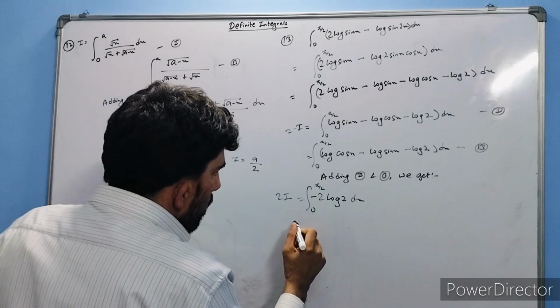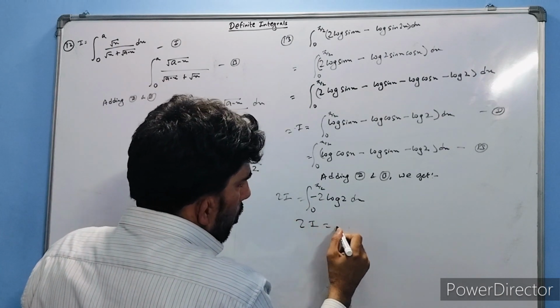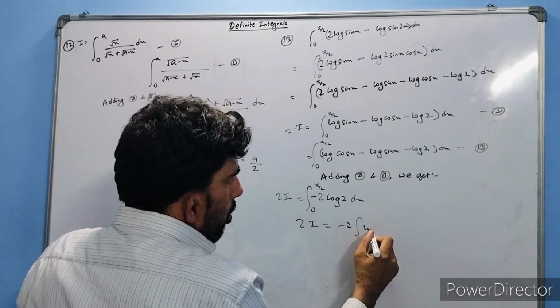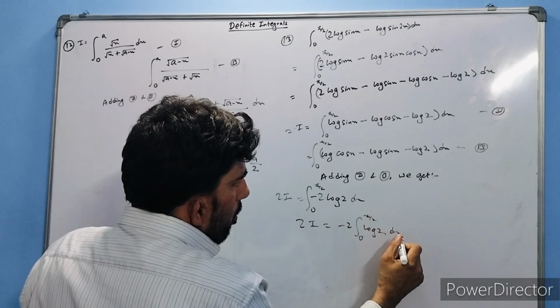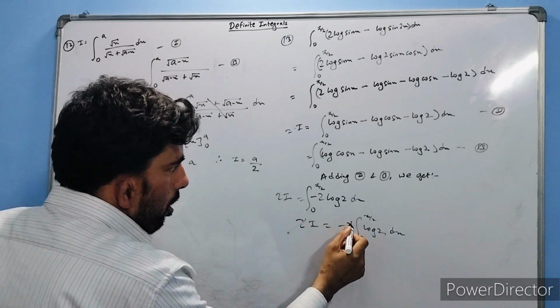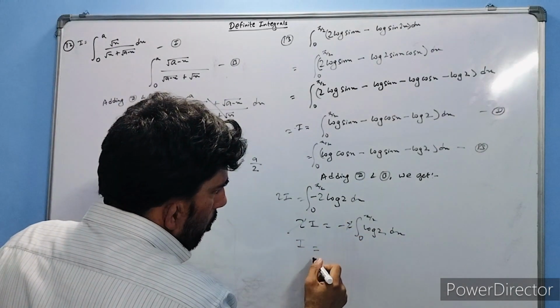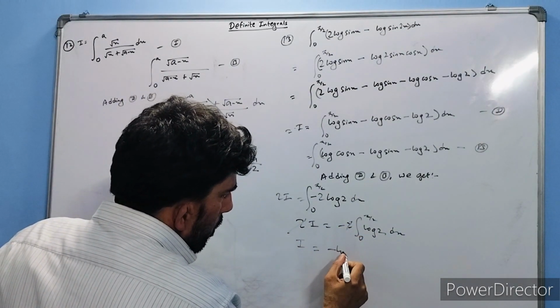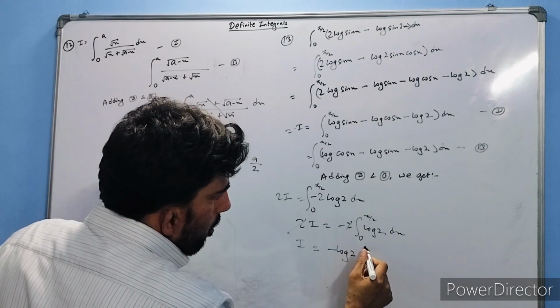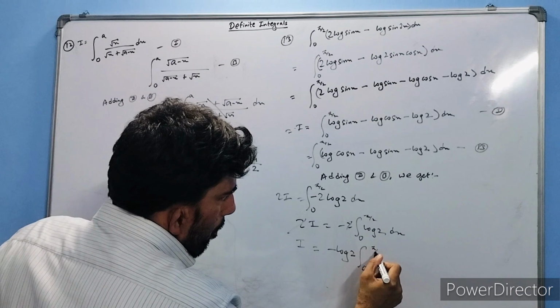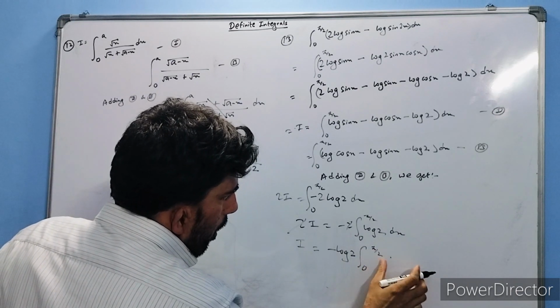So what will happen? I can write 2I is equal to minus 2 log 2, 0 to pi by 2 dx. So I is equal to log 2 will be outside, and we have x here, integration 0 to pi by 2 of dx.